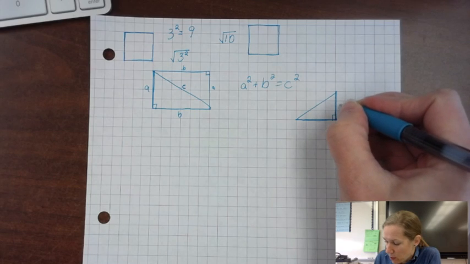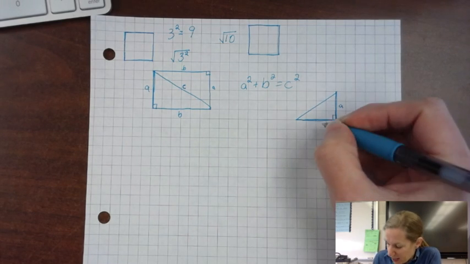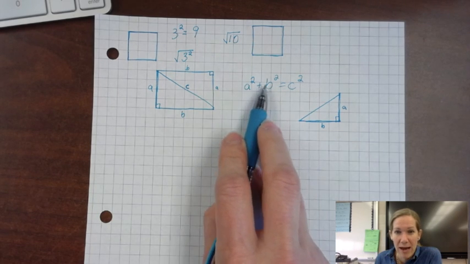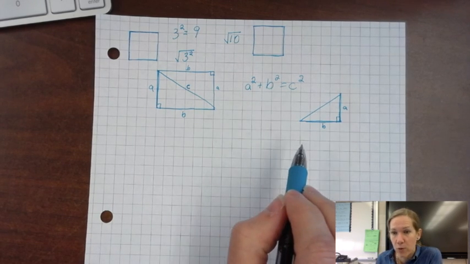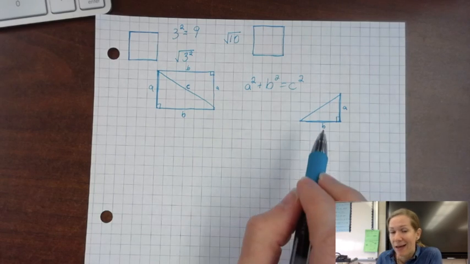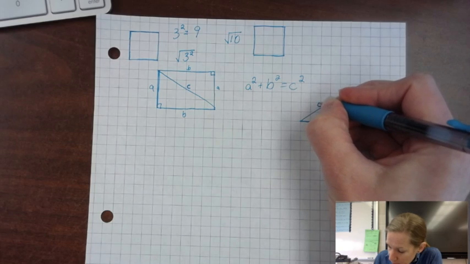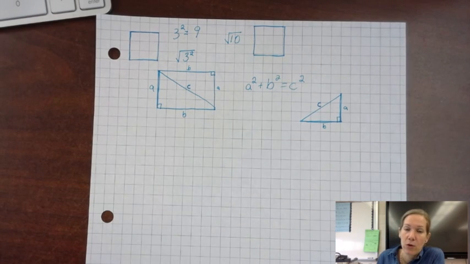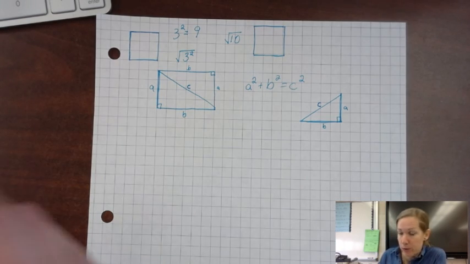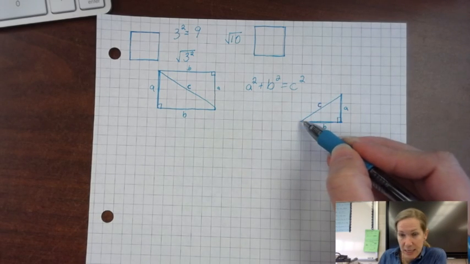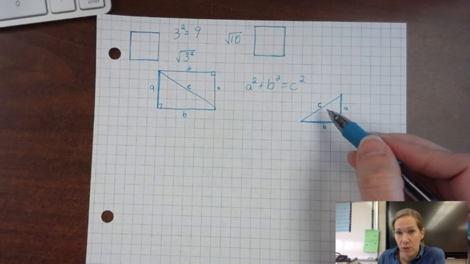I typically take the shorter side as A and the longer side as B. But remember, the commutative property allows you to add them in any order, so it doesn't matter which one you say is A and which one you say is B. The important one to remember is C. So always, always, always make sure that you label your hypotenuse, the one across from the right angle, as C. As long as that one's correct, the rest will be.